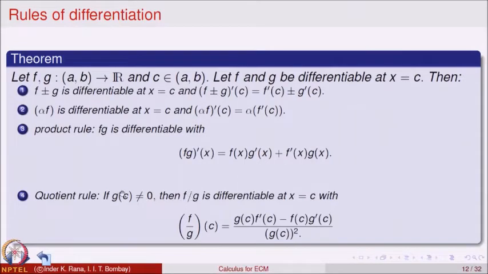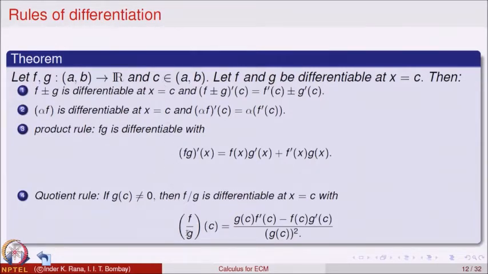For the quotient rule, the important condition is g(c) not equal to 0. Once g(c) is not equal to 0, it will not be 0 in a neighborhood, because differentiability also implies continuity, which we have not stated. But anyway, because this is an introductory course, we will be using these as the rules.